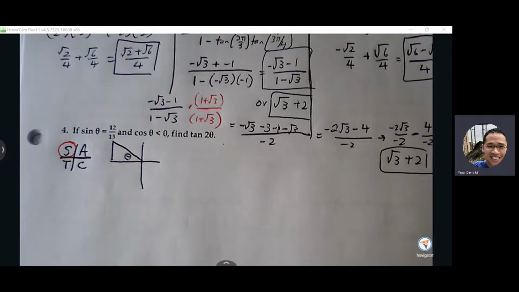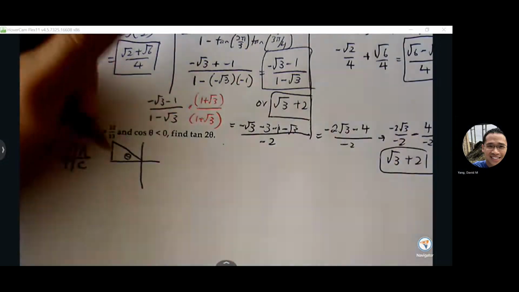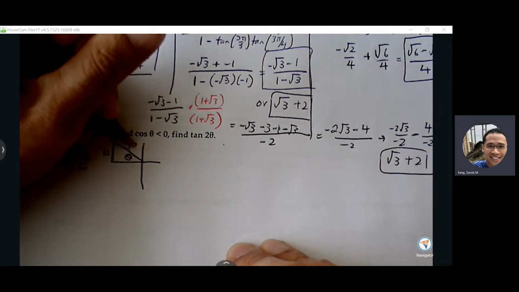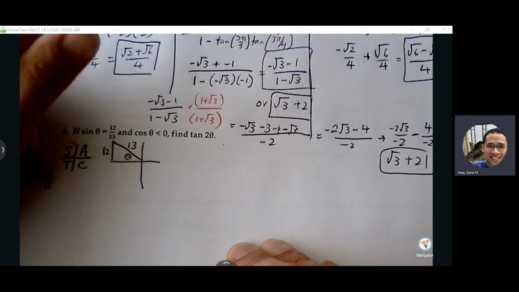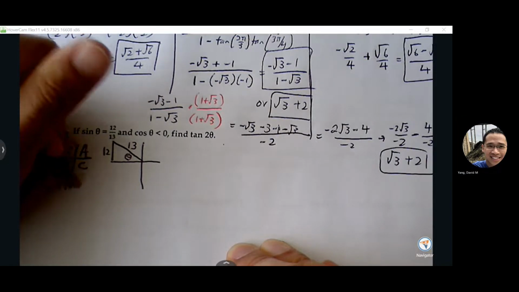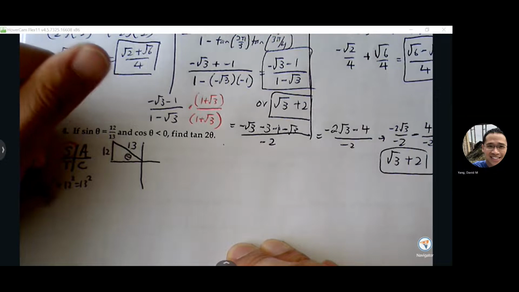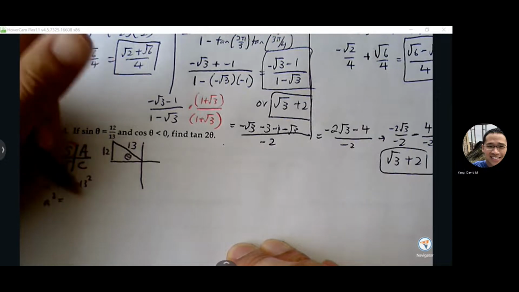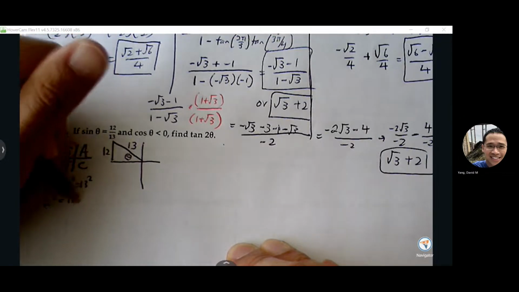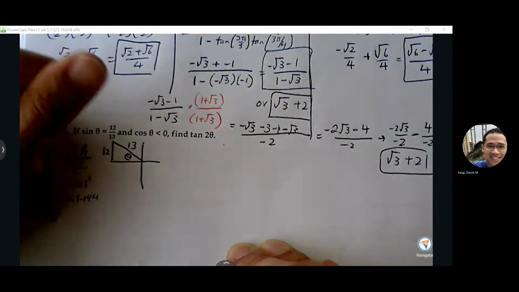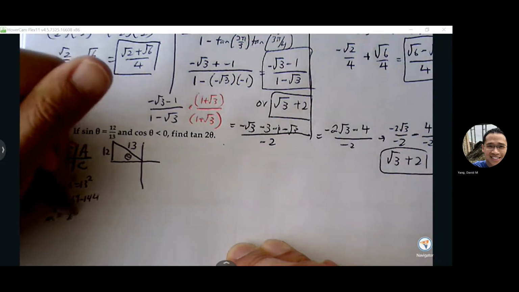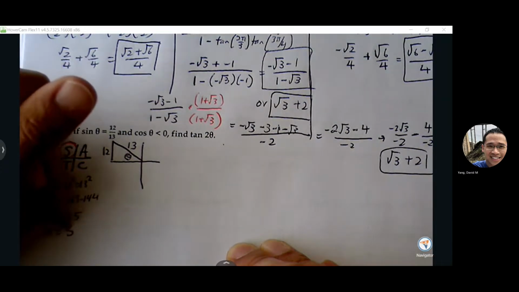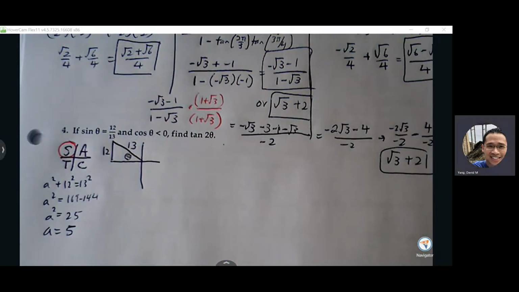Okay, so now back to sine of theta equals 12 over 13. We can assign the appropriate sides, opposite over hypotenuse, Pythagorean theorem. With the Pythagorean theorem, I get 5, but we have to be careful, right?